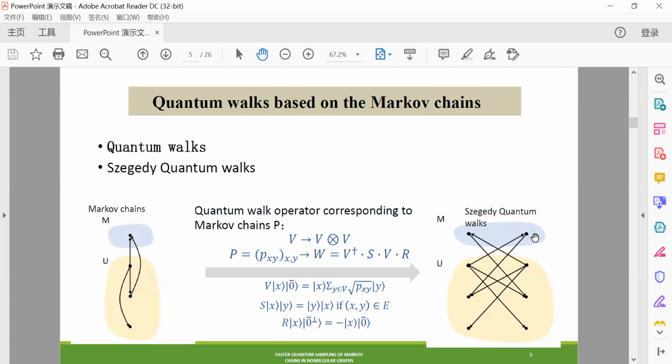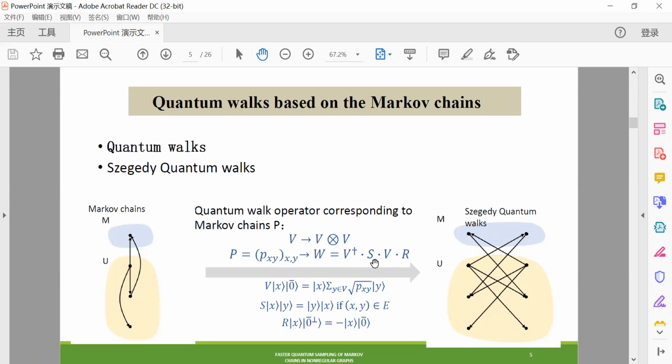Similarly, we can connect the right points to the left points according to the original connections. And then we can define the quantum walk operator W like this.